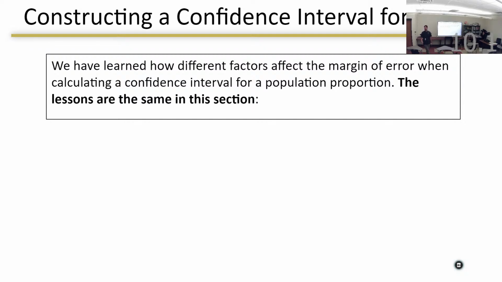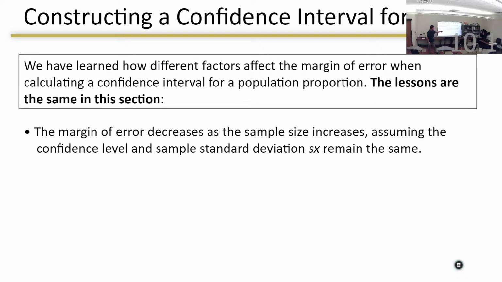The same thing happens as what you learned 2 chapters ago. If you increase the level from 90 to 99, it's going to increase the interval. The margin of error decreases as the sample size increases. As my sample size increases, my margin of error decreases because my variability becomes less. All that stuff is still the same.